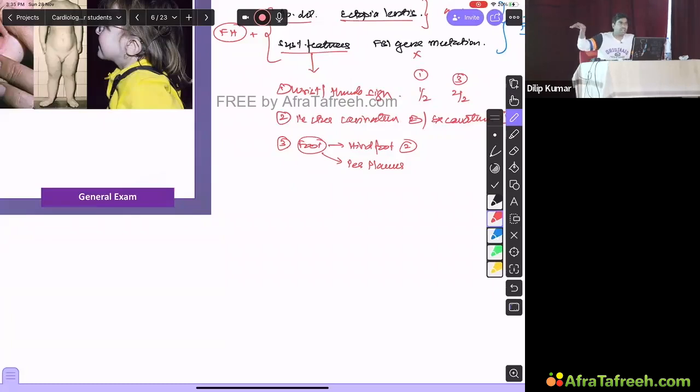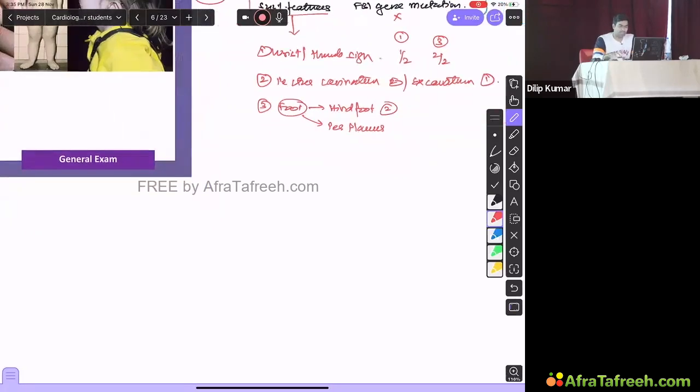When they stand, the lateral border of the foot will generally touch the ground, but the medial border usually will not. If neither border touches, it is pes cavus. If both borders touch, it is pes planus. Do you understand? Fine. Pes planus, the flat foot, carries 1 point.